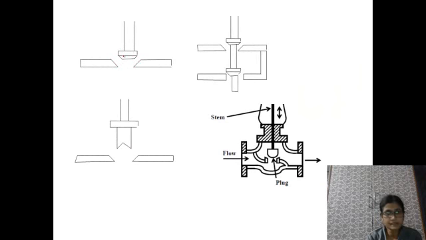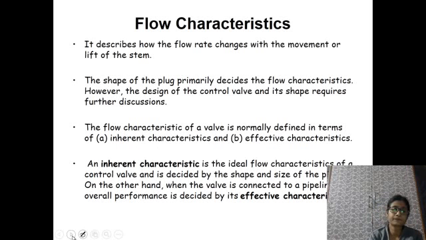This is a single seated valve with poppet type. This is a double seated valve with poppet type. This is V type or notch type, and this is contour type. Both of these are single seated. Corresponding double seated ones may be there depending on application.